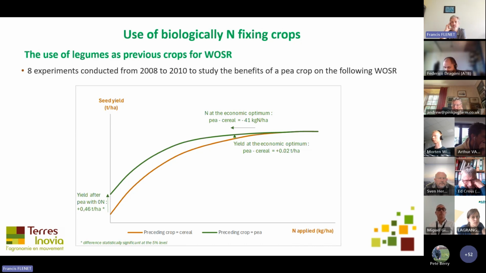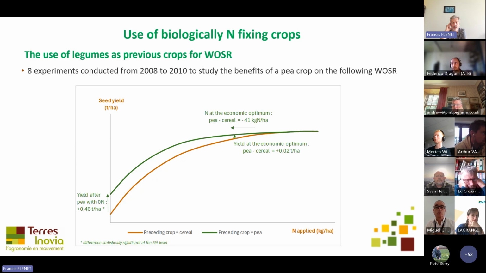The benefit of a pea crop for the following winter oilseed rape is an increase in the yield when no nitrogen fertilizer was applied. The increase in yield was about half a ton per hectare for the winter oilseed rape after a pea crop compared to the rapeseed after a cereal crop.